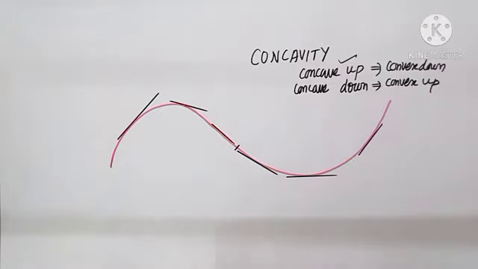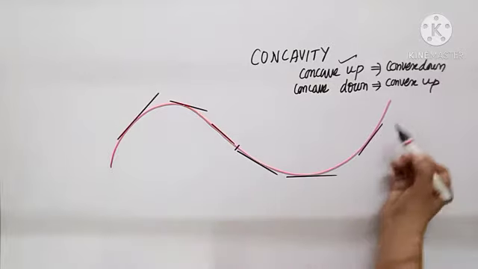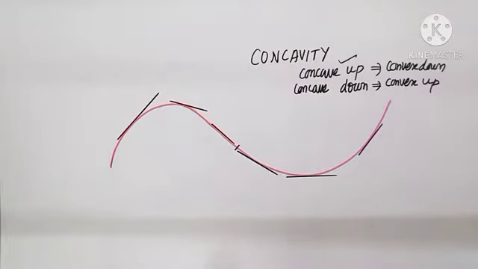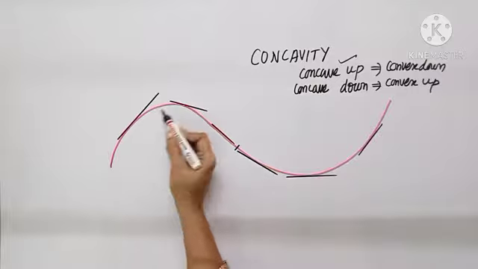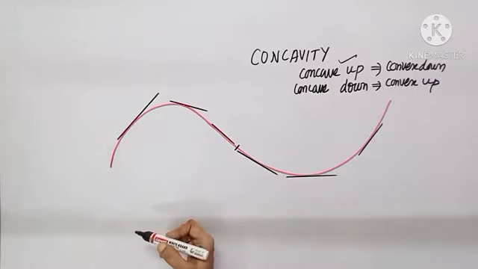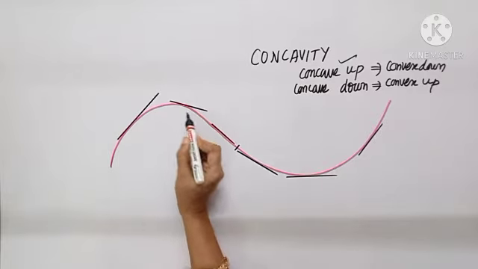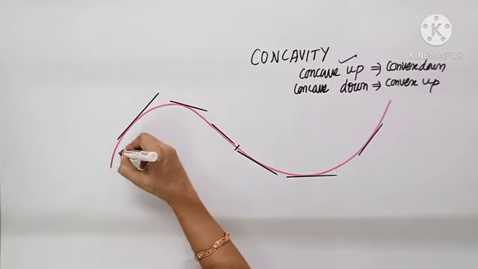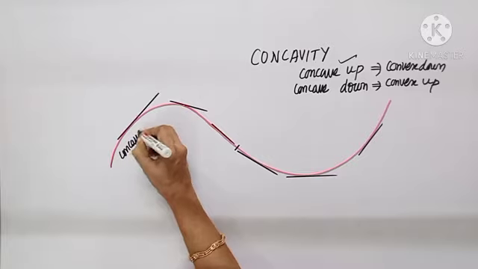Concave up, when I say, given a curve diagram like this, draw the tangent at any point on the curve. Wherever the point is, if I draw the tangent, the curve is below the tangent, I will say concave down.